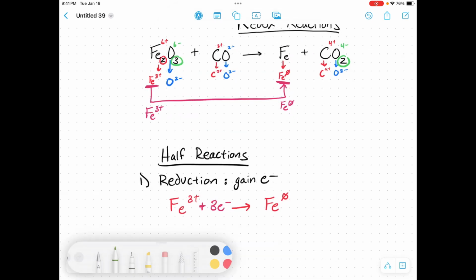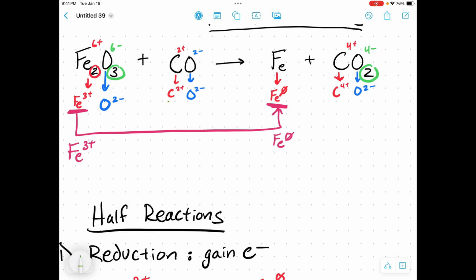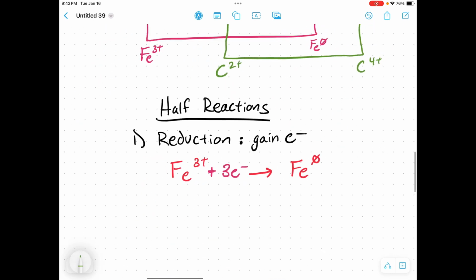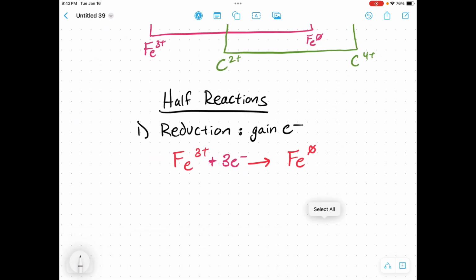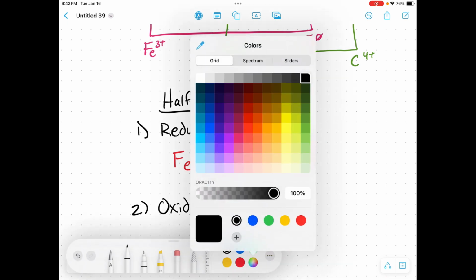Next, let's talk about this carbon atom. For this carbon atom, we start over here with a +2 charge. We end over here with a +4 charge. So now it looks like we're losing that negative charge. We're getting more and more positive. So this is the part where we call oxidation. When we talk about oxidation, we're looking at the element that is going to be losing electrons or getting more positive.